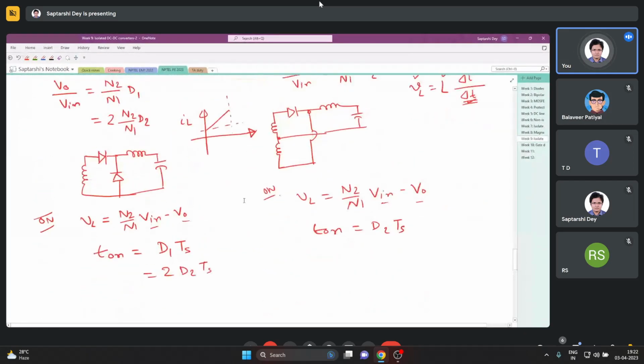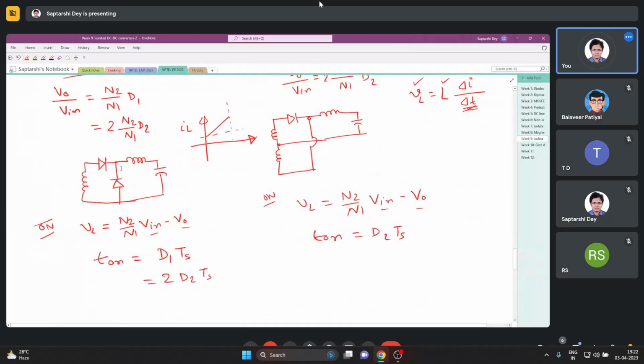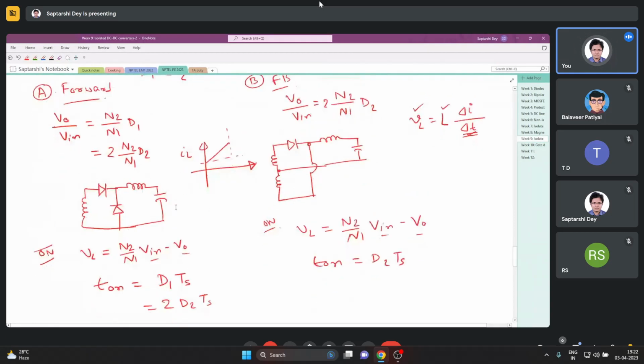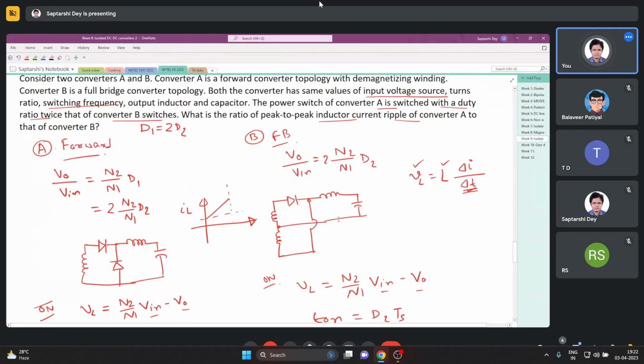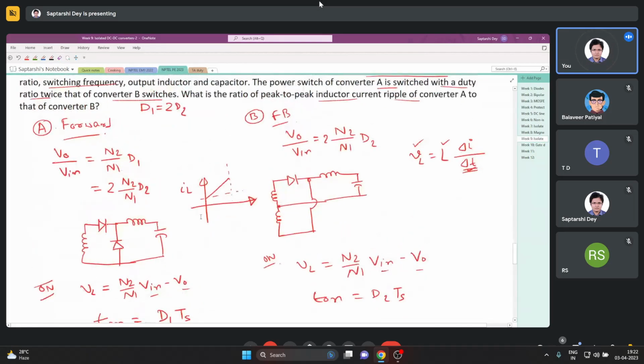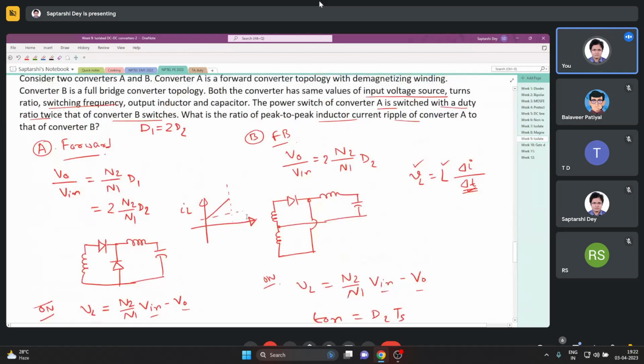So basically the current in the inductor for the forward converter increases for twice the time, twice longer than that of the full bridge converter. So clearly this will have a current ripple twice that of the full bridge converter. So what is the ratio? Ratio is 2.